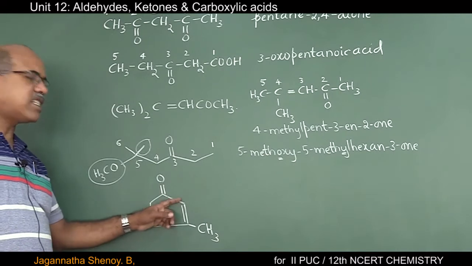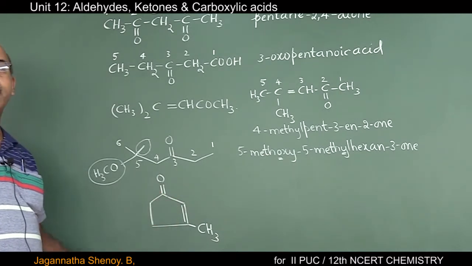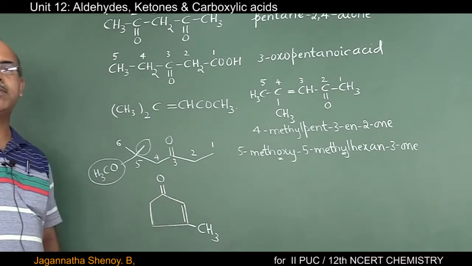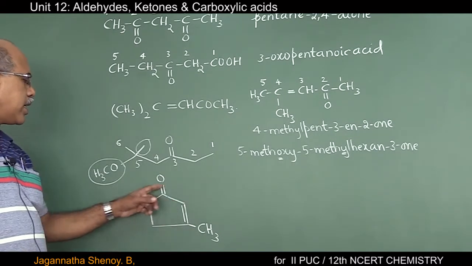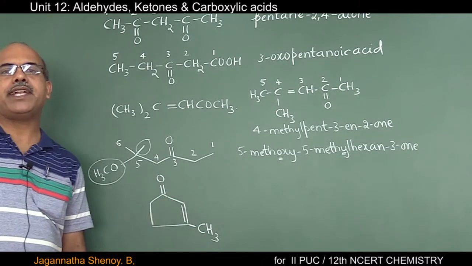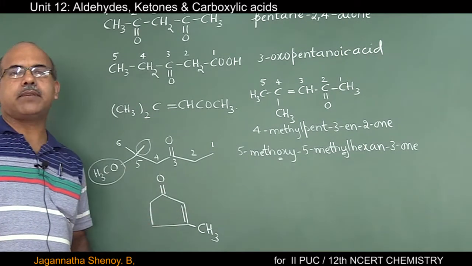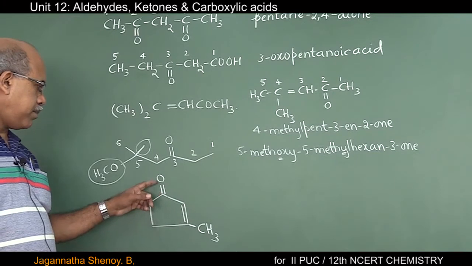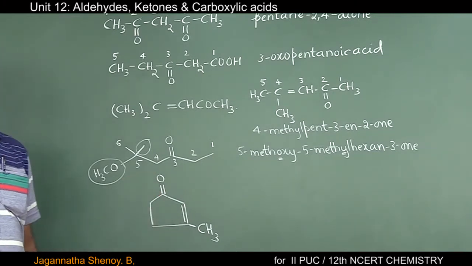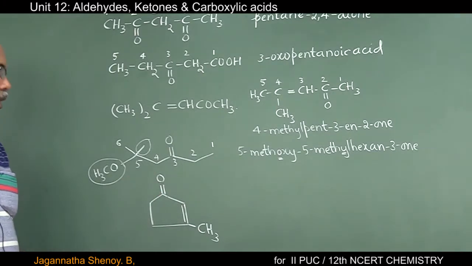Here the ring system itself contains a ketonic functional group and a double bond. That is why the ring system will be the parent hydrocarbon. And when you number the parent hydrocarbon, ensure that the principal functional group C double bond O gets the lowest number.